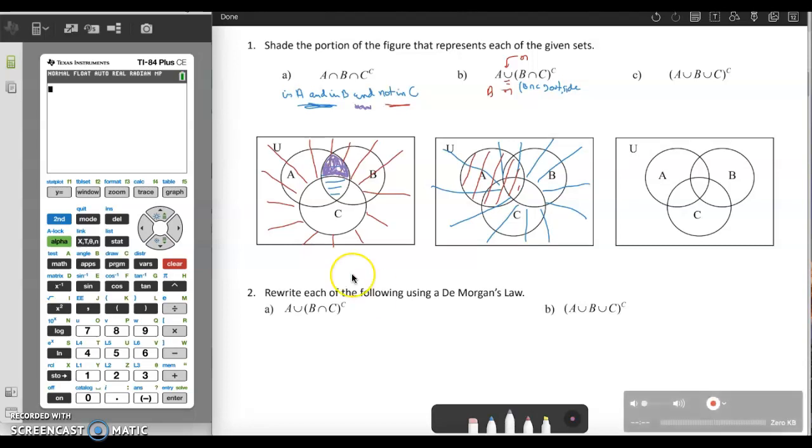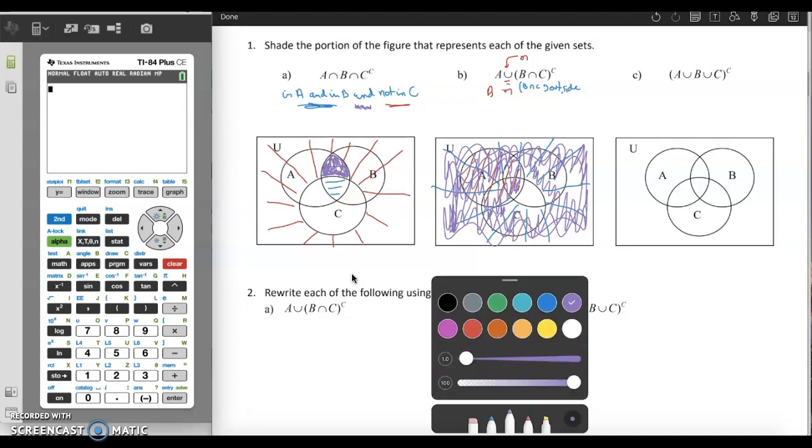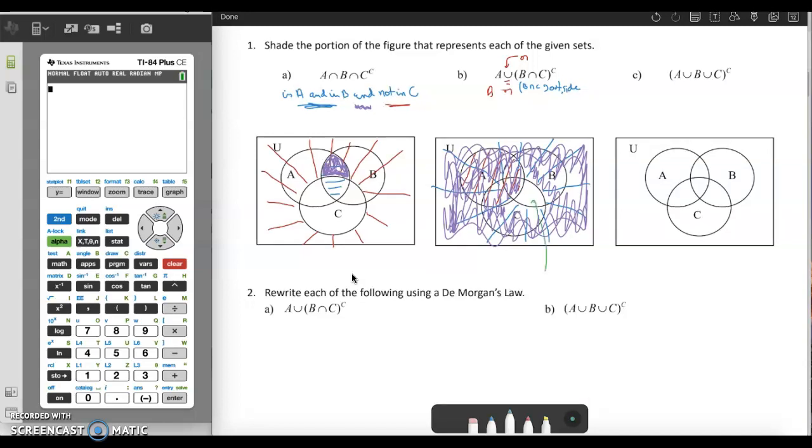So what I end up keeping is everything except this one tiny little slice that's inside of both B and C, but outside of A. If you can kind of see that. I keep everything, even this part, everything at all, except for one tiny little piece. So maybe I'll say only this little part is unshaded.